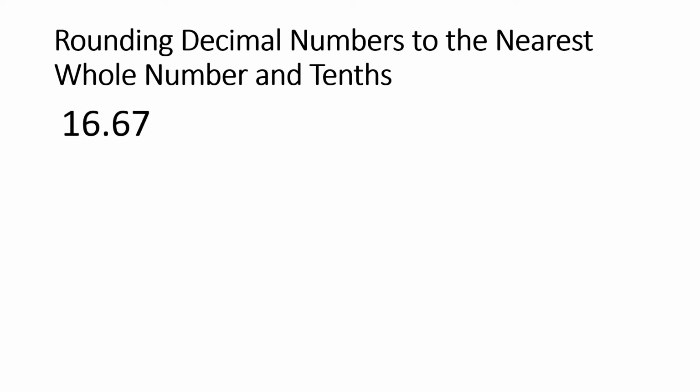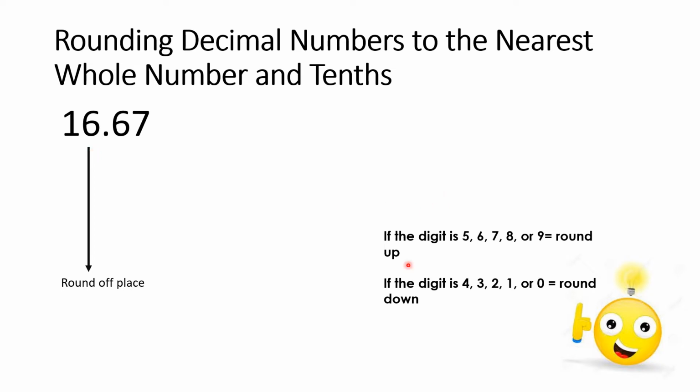So for example, number 1, we have 16 and 67 hundredths, or 16.67. So our round off place is 6. Now before we proceed with the rounding process, always remember that if the digit is 5, 6, 7, 8, or 9, you round up.